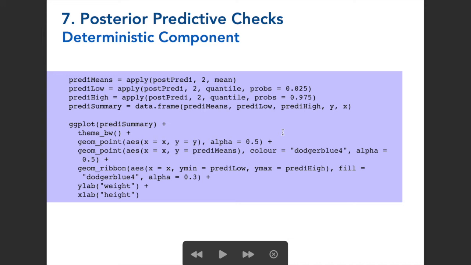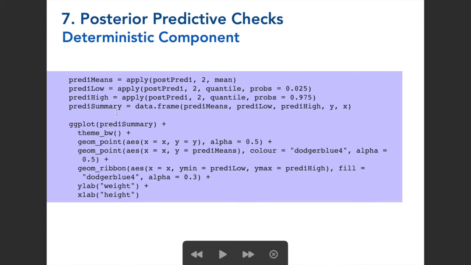Now we want to do the same things as before. We want to get the mean predicted weight for each individual and the high and low highest density interval. And again, you could do any interval you want. I'm just doing the 95% interval just because. But now we can't just do mean, low, and high, because we want to do this across all individuals. And we don't want to do it separately for each one.